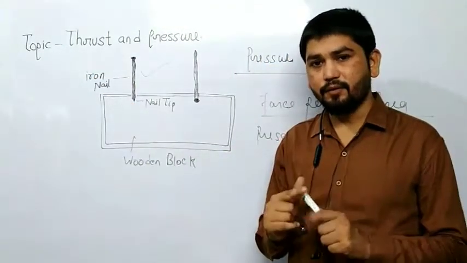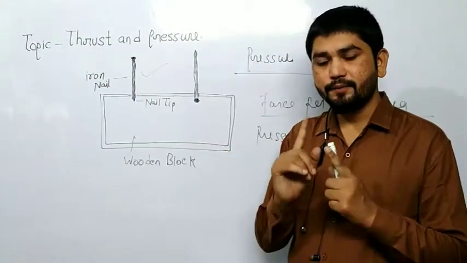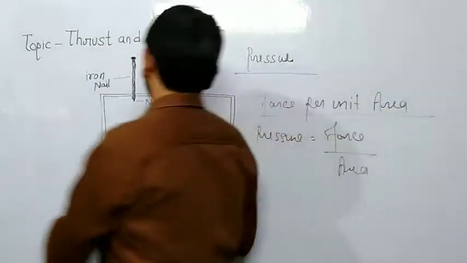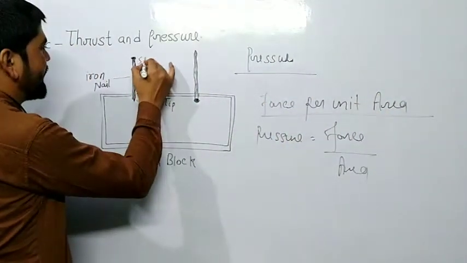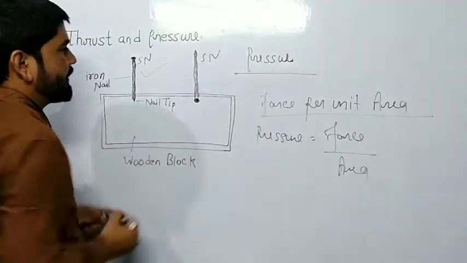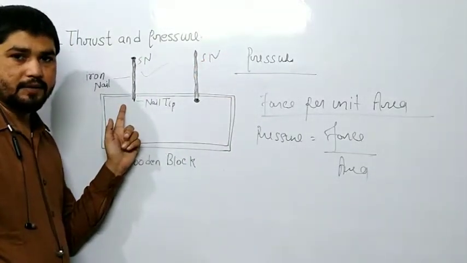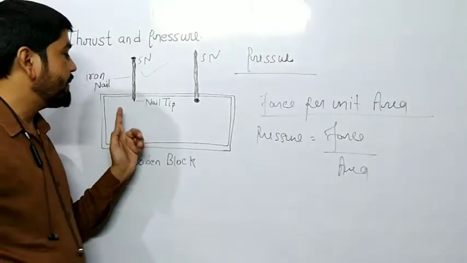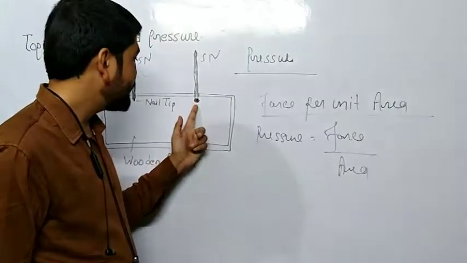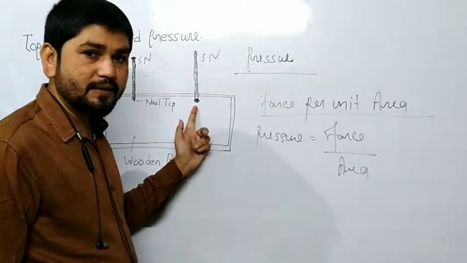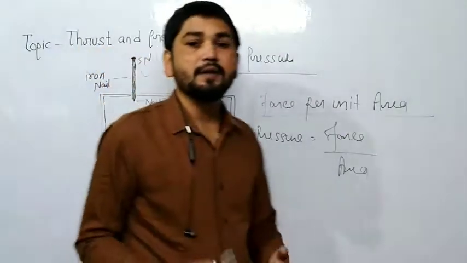By the same force, suppose I am giving this example, 5 Newton force applied here and 5 Newton force applied here. In this one, pressure will be greater because area is less. But here, pressure will be less because area is greater.